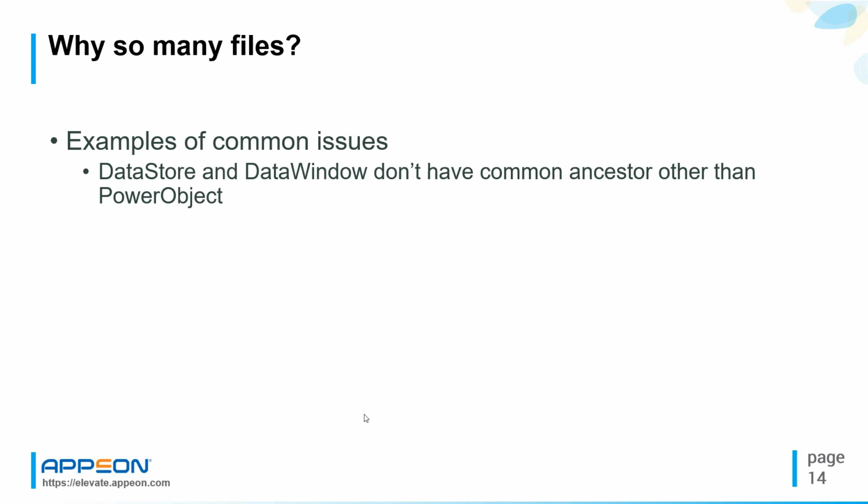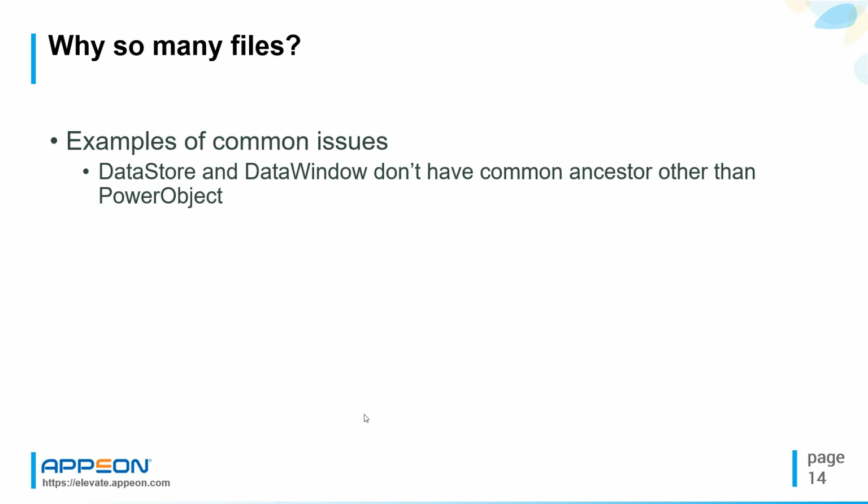Now, what would have made sense, likely, using inheritance, is that they could have made the data store the ancestor of data window, but that's hard to do once the data window's been around for a while. And that's why what actually happened in PowerBuilder is that the only object that data store and data window have in common is PowerObject.